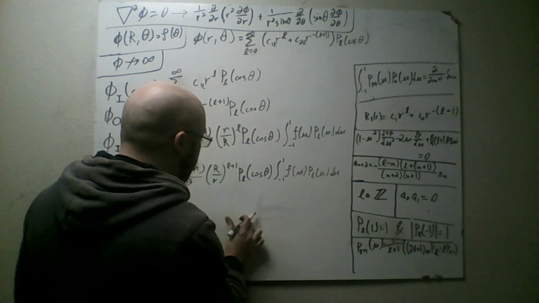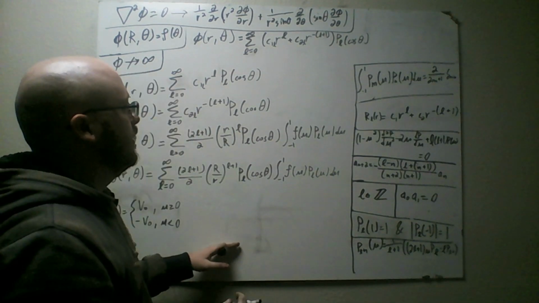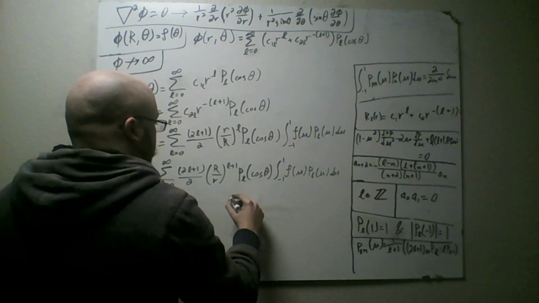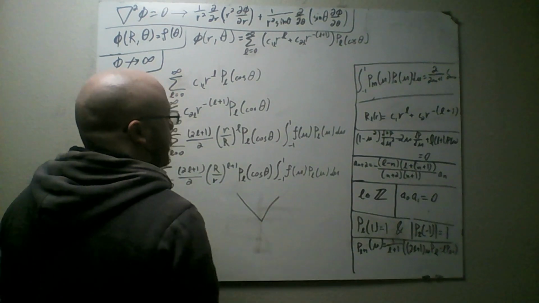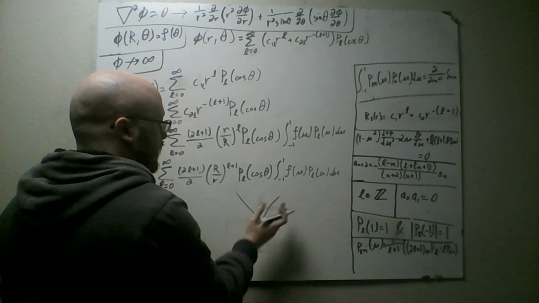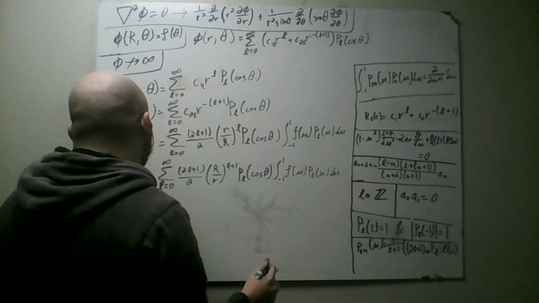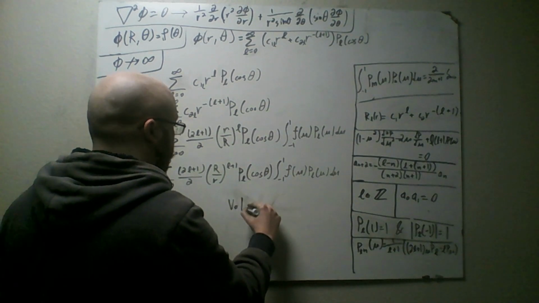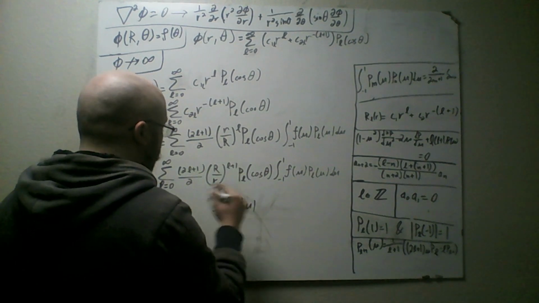If instead you go for something a little bit more, like L equals 1, we end up getting the absolute value, because it's a step function. It's like this square wave times mu, so we end up getting V naught times the absolute value of mu as our integrand, integrating from negative 1 to 1.